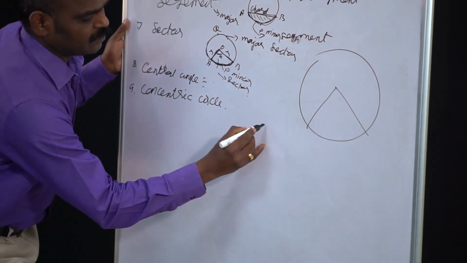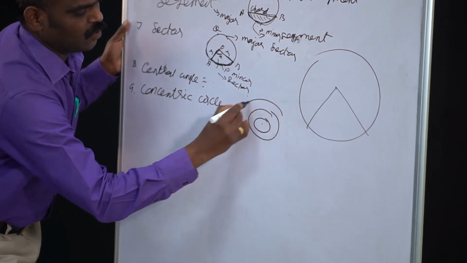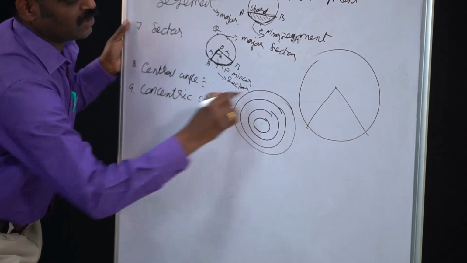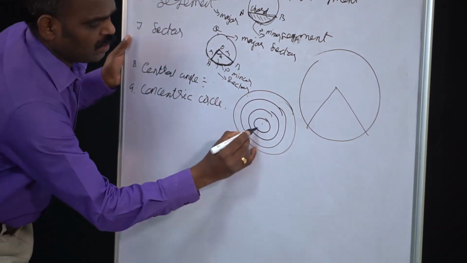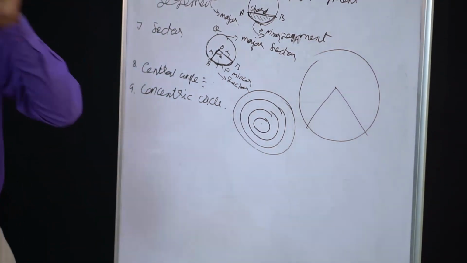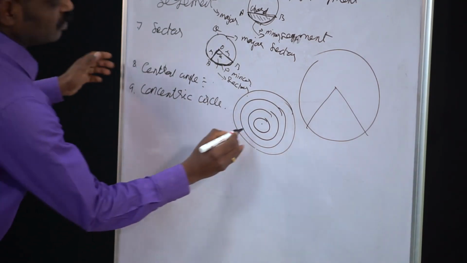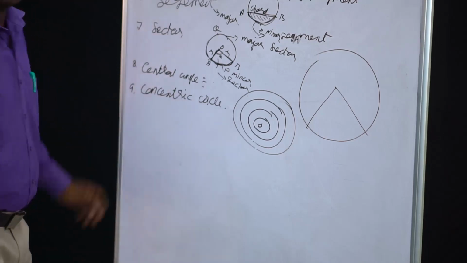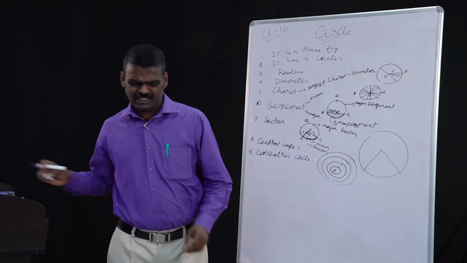Center is one. One more circle. One more circle. One more circle. So this is circle 1, 2, 3, 4. There are many circles, but all the circles are controlled by one center. This center O is controlling all the circles. So this is called what? Concentric circle.